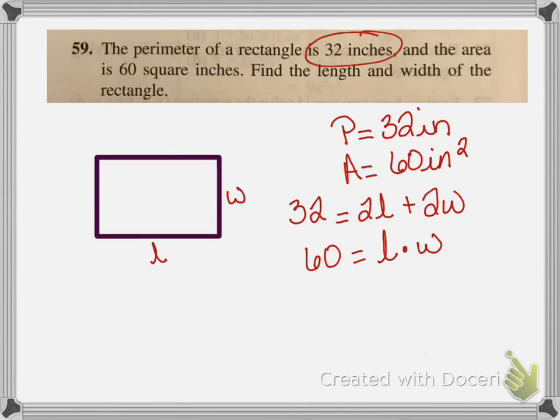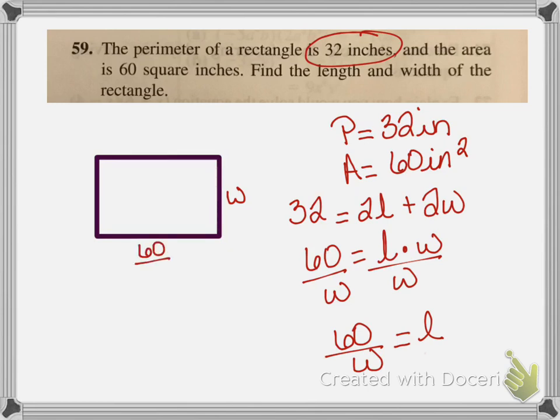Okay? Now, if I take that 60 equals length times width, so I'm focusing on my area, and I divide both sides by W, I end up with 60 over W equals L. Can I erase this L right here and put in 60 over W? Can I have a relationship like that?